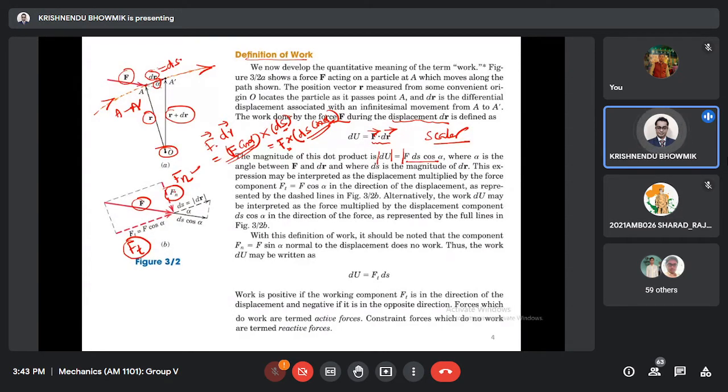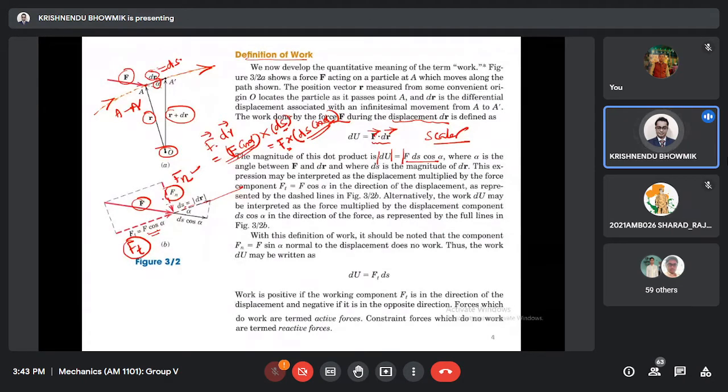Normal with respect to what? The displacement. The normal one, as this angle is 90 degrees, will not do any work. But the one along the tangent will do the work. So it is F cosine alpha multiplied by ds.